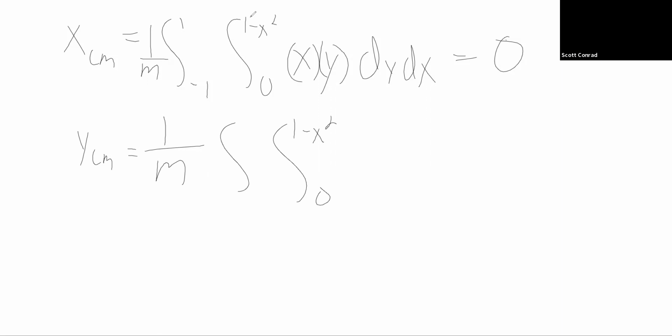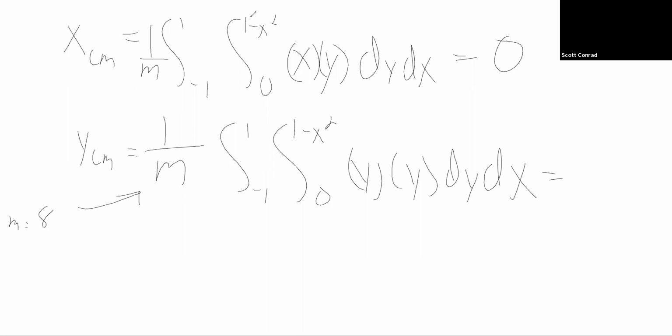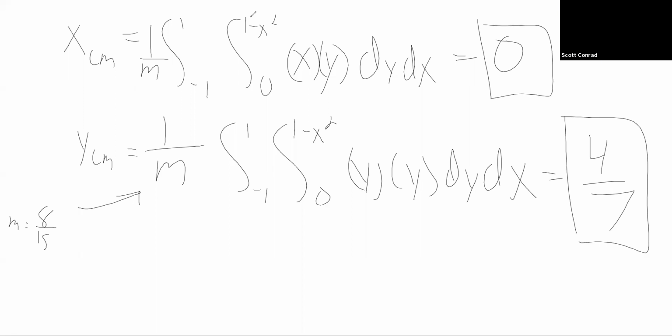I will let you guys evaluate this, but the y-coordinate of the center of mass is y times the density integrated over D. Remember, we already calculated our mass as 8 over 15. It turns out when you evaluate this, you get the y-coordinate is 4 over 7.